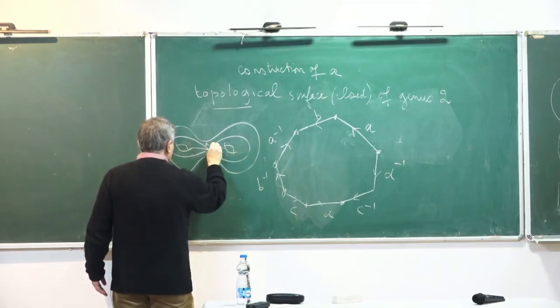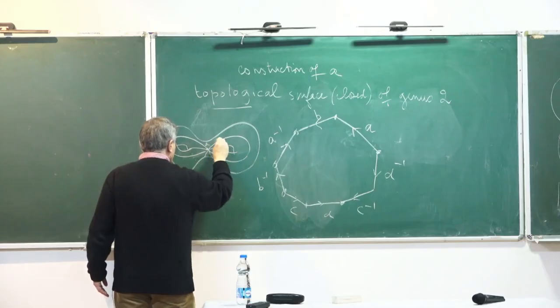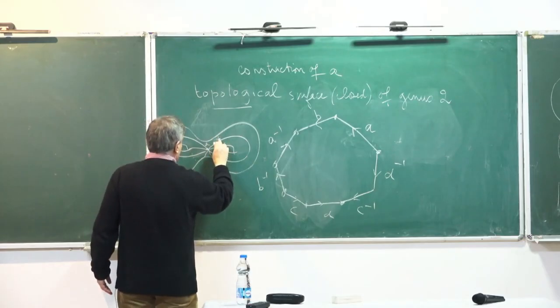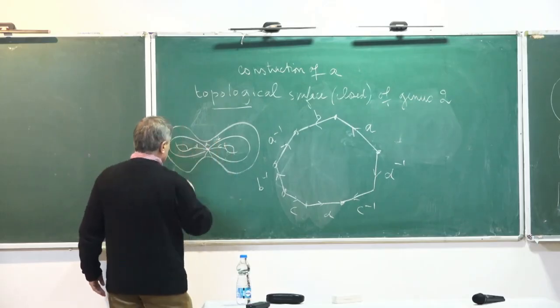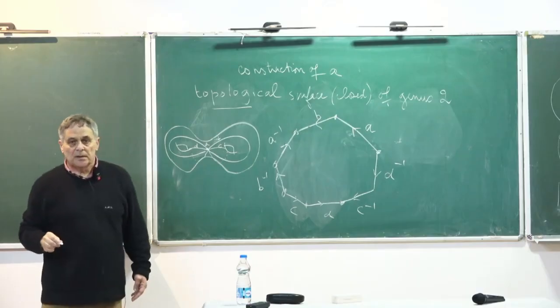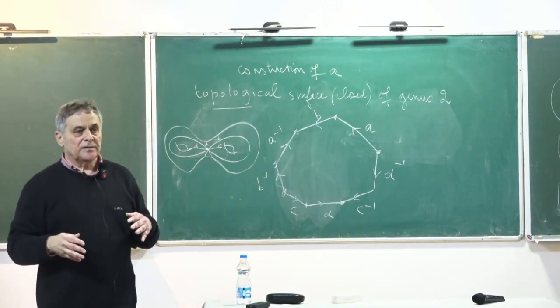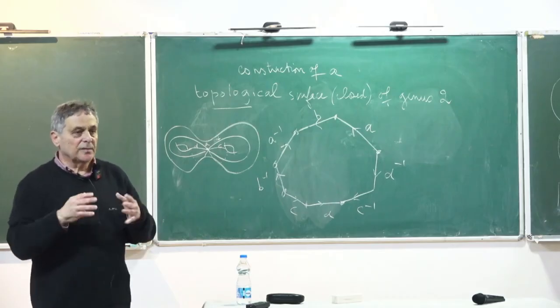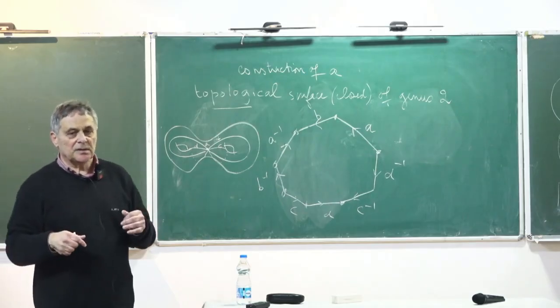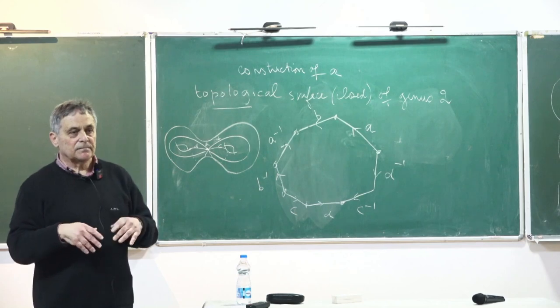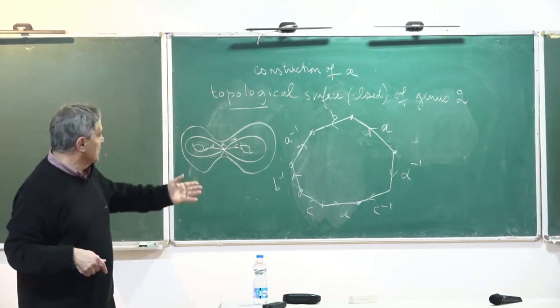Let's say this is A, this is B, and this is C, and this is D. You can do this exercise when you are at home. If you never did it, you cut a paper, or some people do it with fabric, with pieces. You construct this.